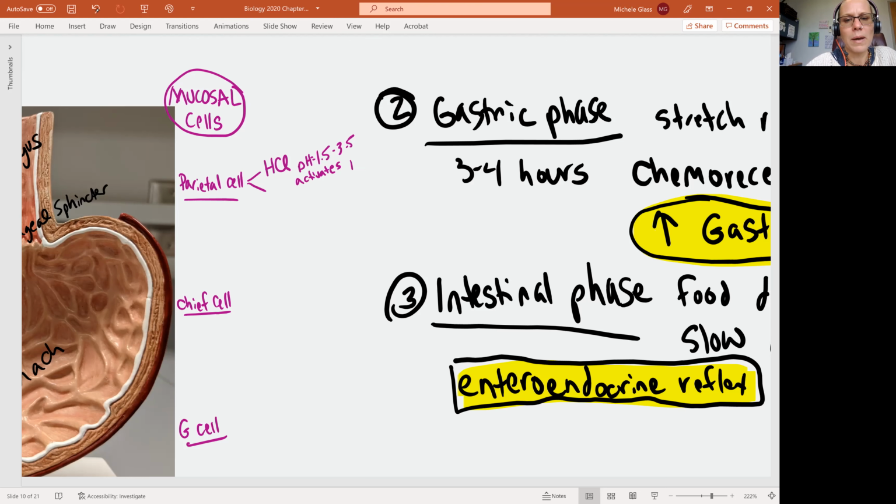activating pepsin. Okay. And then let's also say that the parietal cell makes intrinsic factor. And we're going to see that intrinsic factor is going to be important in helping us to absorb B12, which is a vitamin. And we're going to be absorbing that in our small intestine.